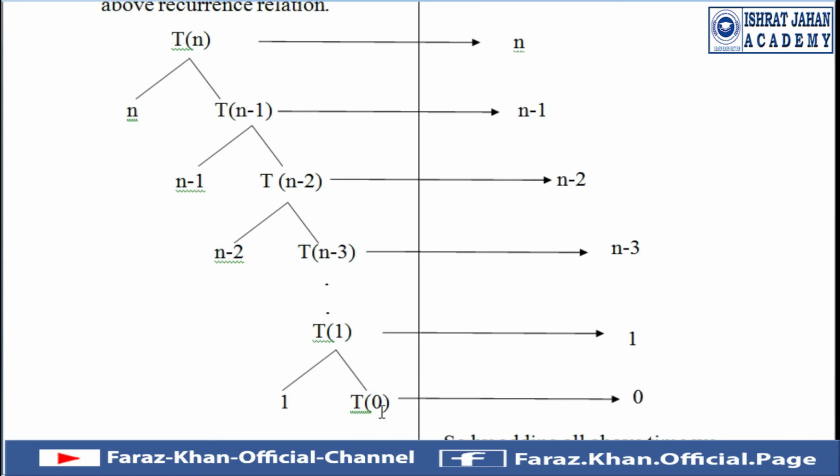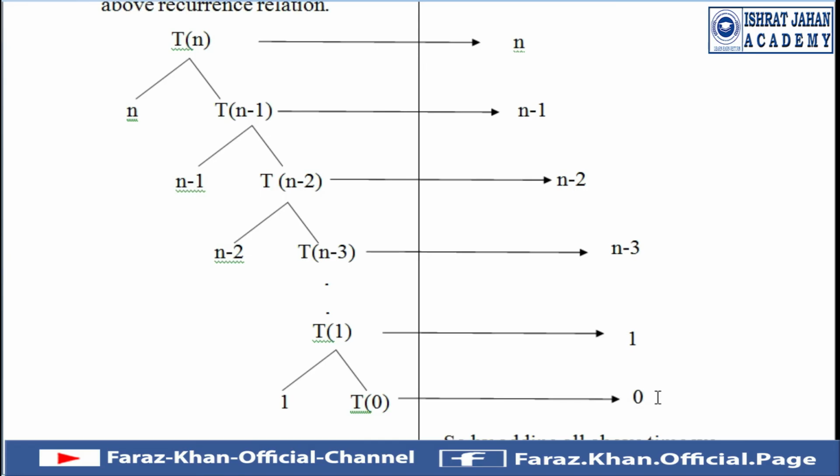right? So if I write the time complexity of the above tree, T(n) will take n time, T(n-1) will take n minus 1 time, T(n-2) will take n minus 2 time, T(n-3) will take n minus 3 time, T(1) obviously will take 1, and T(0) obviously will take 0.